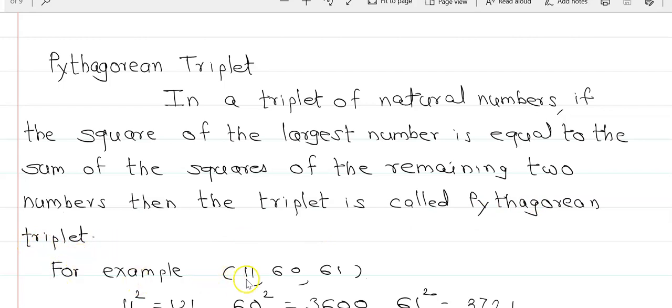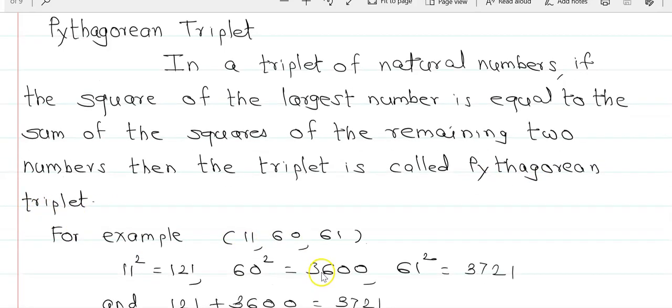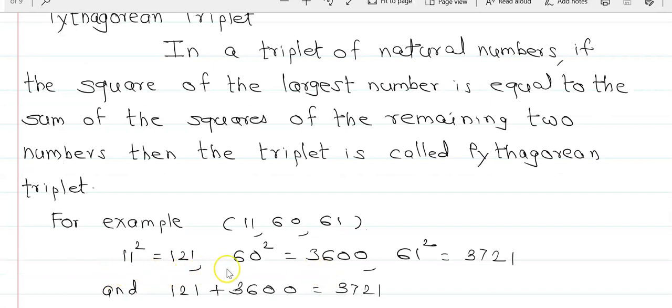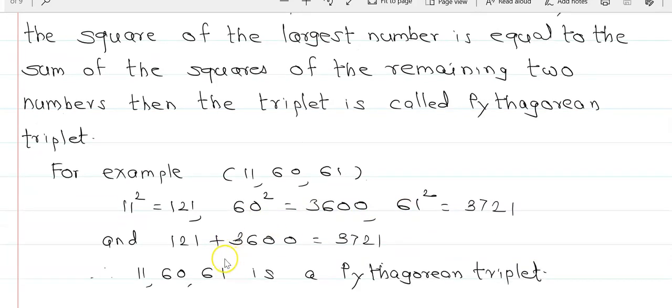For example, 11, 60, 61. 11 square is 121, 60 square is 3600, 61 square is 3721. Therefore, 121 plus 3600 is equal to 3721. And that's why 11, 60, 61 is a Pythagorean triplet.